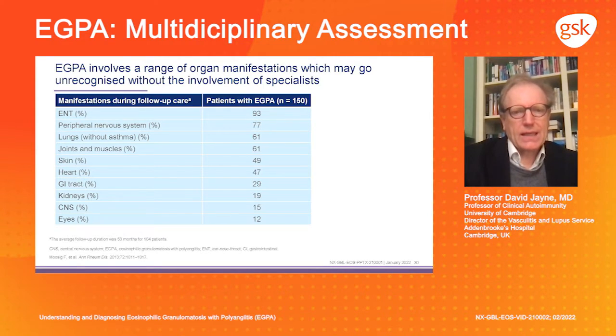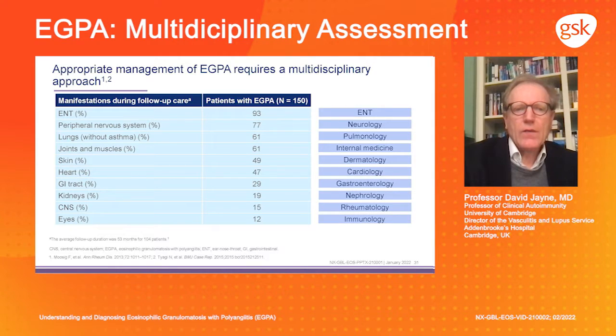The table here simply summarizes the proportions of patients with EGPA and the diversity of specialists that are required. So overlaid on the table is a list of specialists. And one of the subtexts to this is that, because EGPA is a rare disease, the individual specialists will see even fewer patients than the physician running the EGPA clinic.